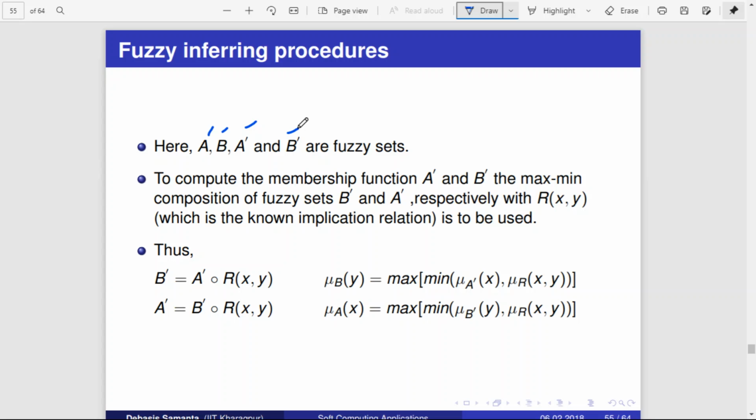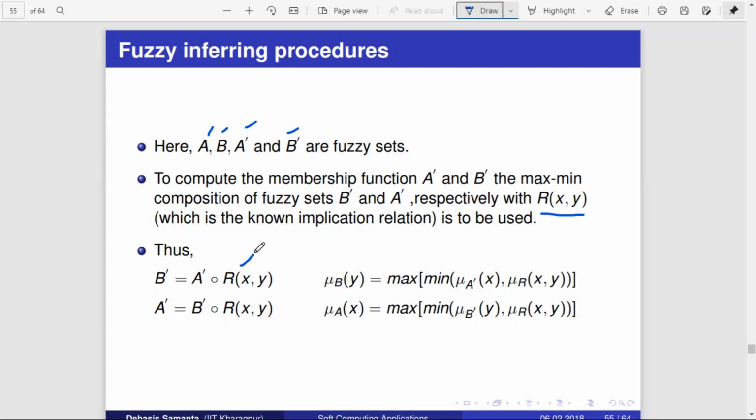Now say that there is a relation R which is available, which is defined over some fuzzy sets. Say it is defined over A and B, where A takes values from the universe X and B takes values from the universe Y. The relation R is a matrix.